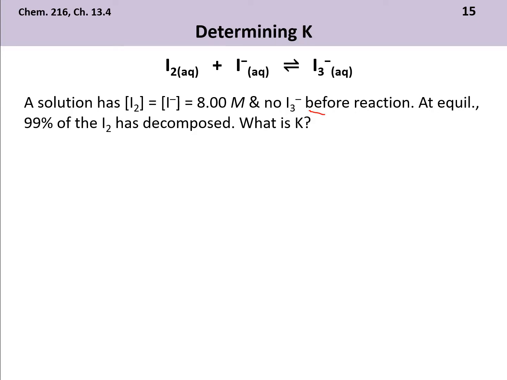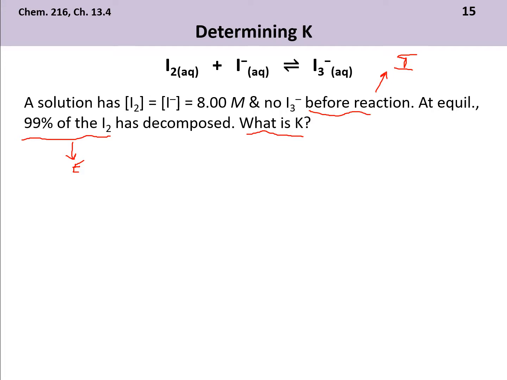Before reaction means that these are going to be my initial concentrations. At equilibrium, 99% of the I2 has decomposed. So I'll use this to find my equilibrium. And I want to know what is my K.